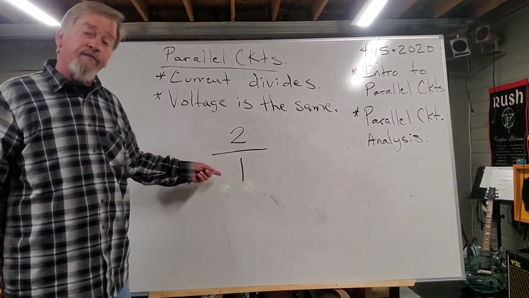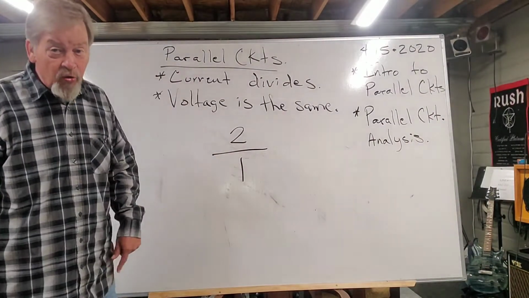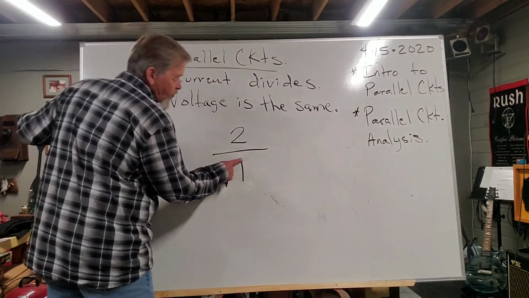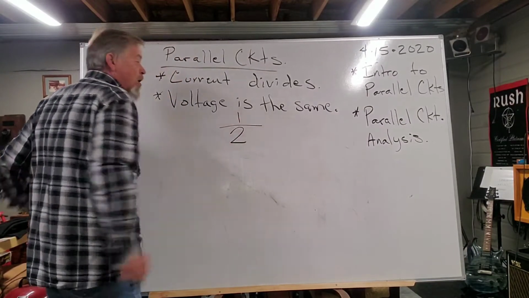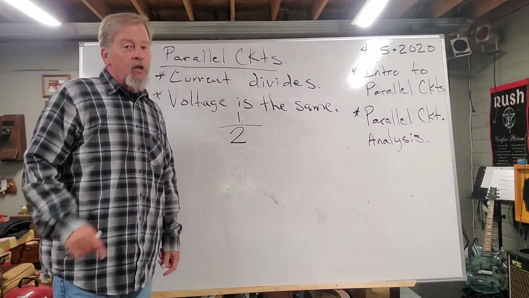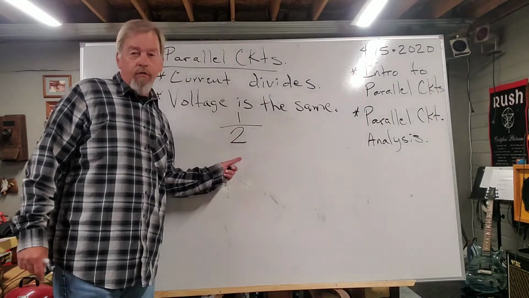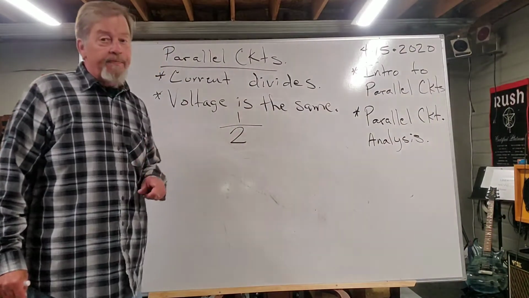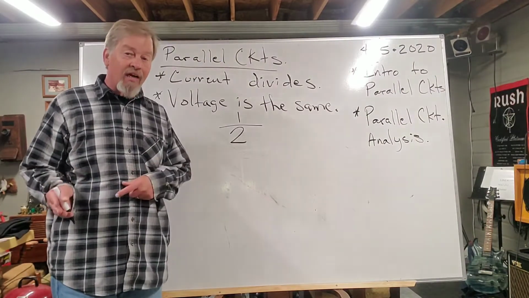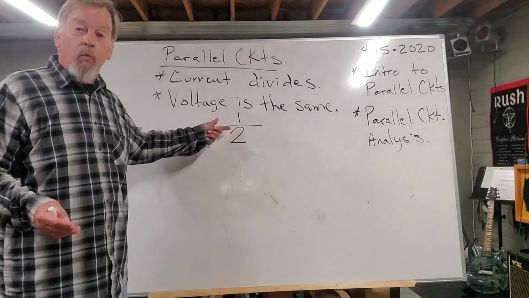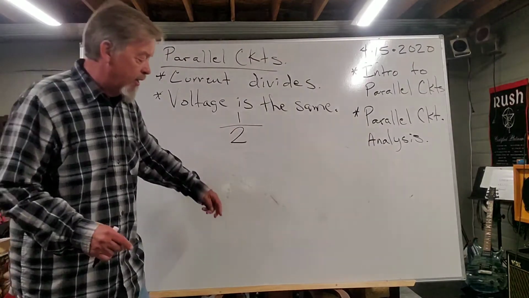Now, if I wanted to find the opposite of 2, I just flip it over, or I put a 1 over the value. Now this is important because this is how we convert resistance into conductance. We use the 1 over X key on the calculator.